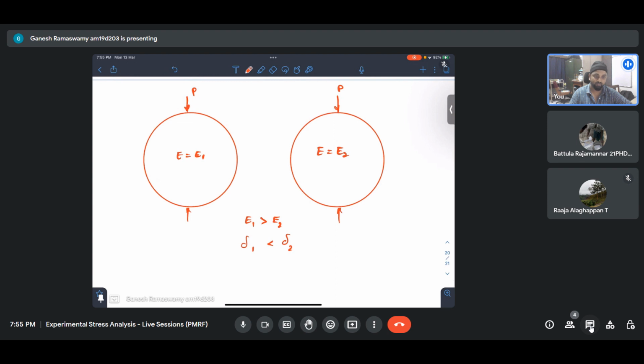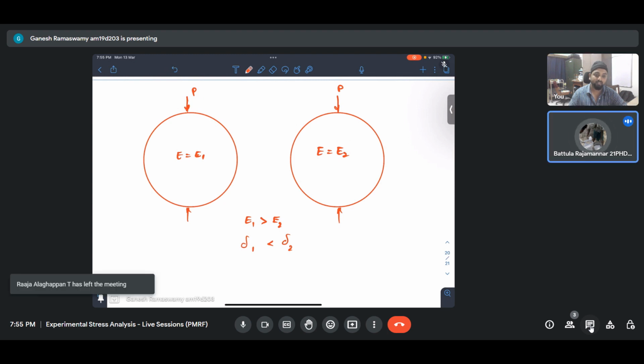So what this implies is if you take a thin disc made of plastic and a thin disc made of metal and subject them to the same load, the stress distribution will be the same in both cases, but strains won't be the same.